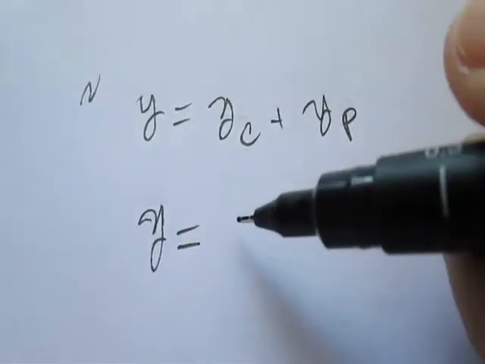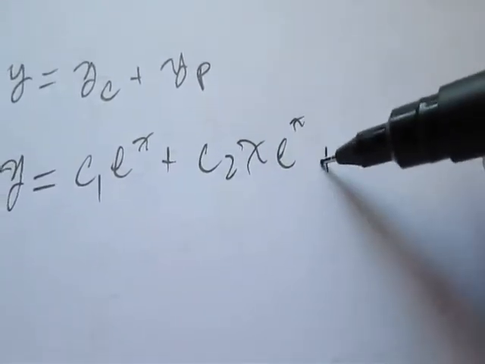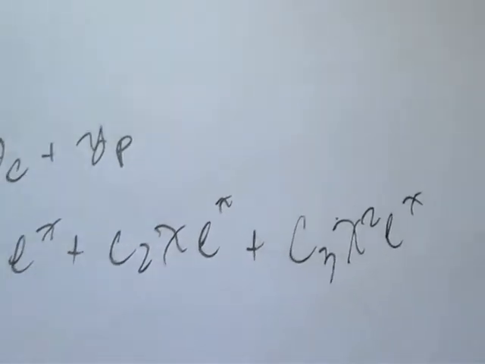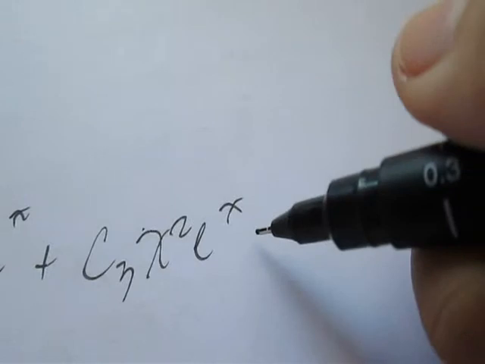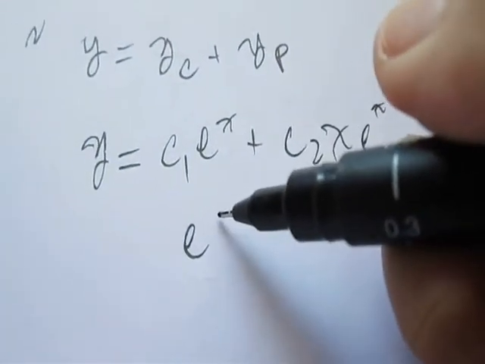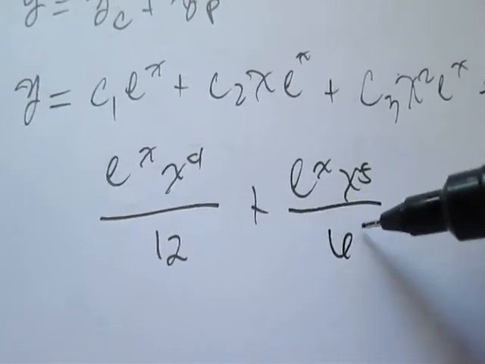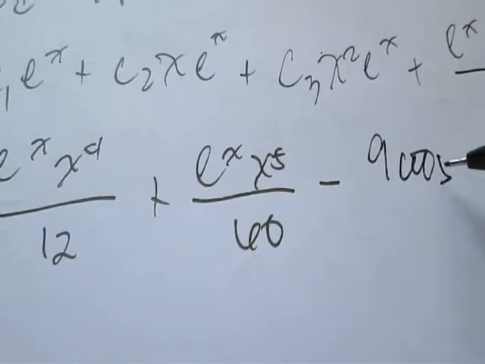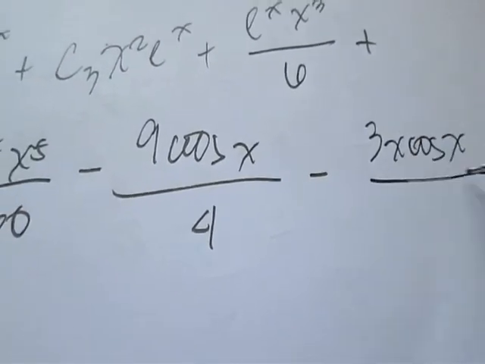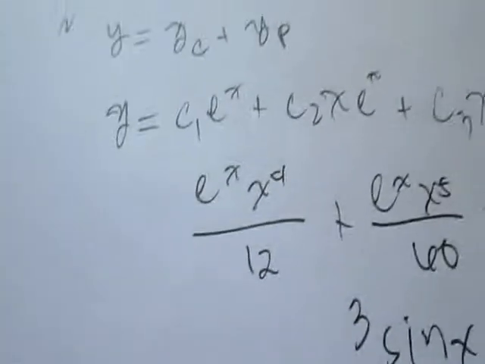Our yc is c1 e to the power of x plus c2 x e to the power of x plus c3 x squared e to the power of x, and adding the yp we have plus e to the power of x cubed over 6 plus e to the power of x to the 4th over 12 plus e to the power of x to the 5th over 60 minus 9 cosine x over 4 minus 3 x cosine x over 4 minus 3 sine x over 4, and this is our final answer.